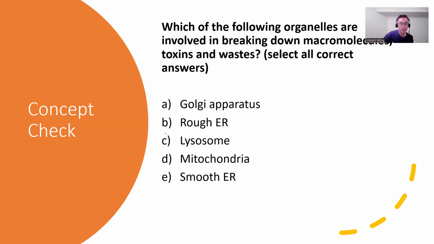Okay, many of you chose lysosome, which would be correct, but the smooth ER also helps break down toxin, right? So these two things are the correct answers.